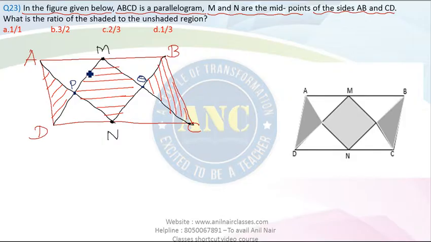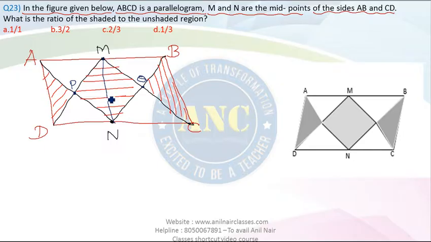That means, if I join from A to C, that is the diagonal of a parallelogram, or if I join from B to D, that is another diagonal of the parallelogram, or because M and N are the midpoints, let me join these 2 points M and N also, right?